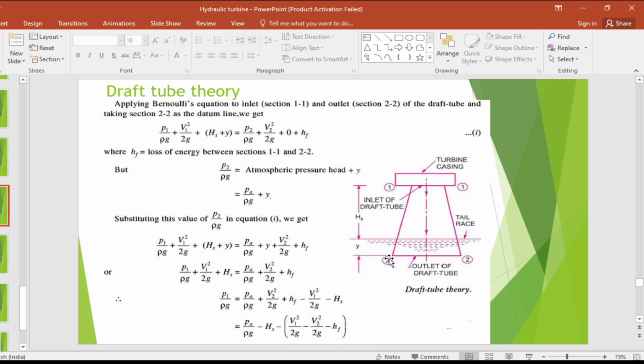Section 2 is at the datum. That means this line we are assuming as a datum, and this is your inlet of the draft tube. Now by using Bernoulli's equation, I hope you remember it. Here the pressure head is there. Here the V square upon 2g kinetic head is there.